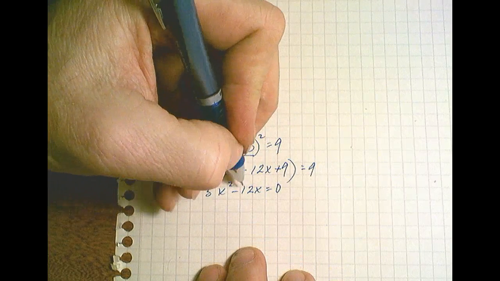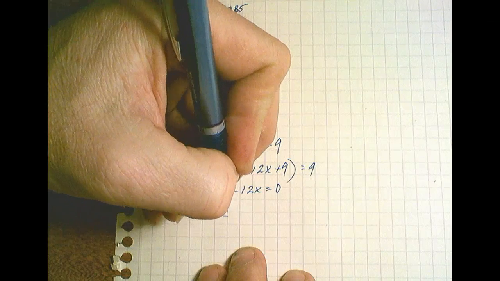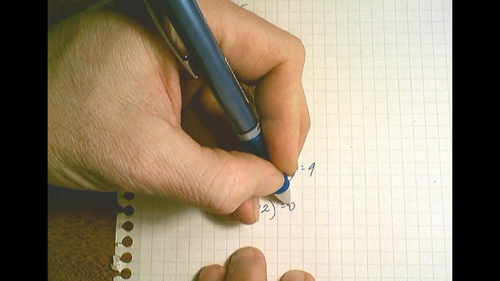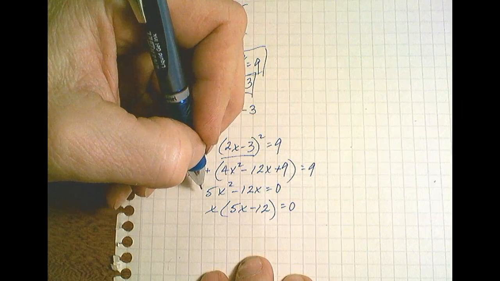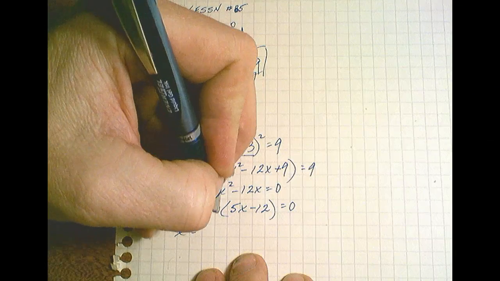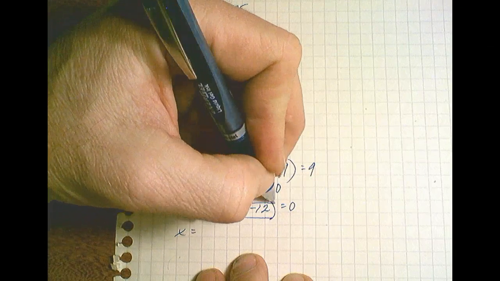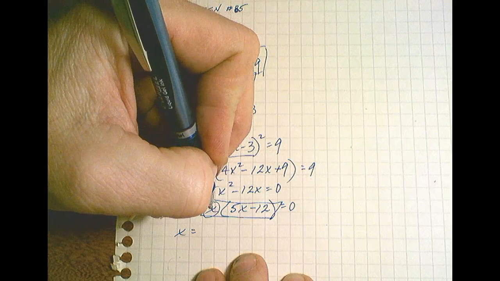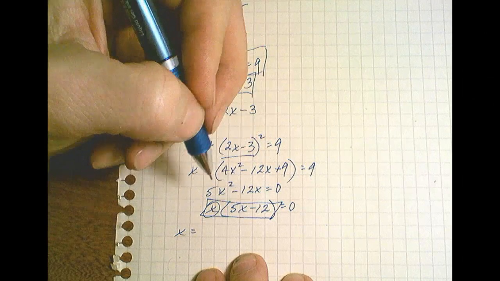And then we factor out an x. And now we have two values of x. X is going to equal, what's going to make it 0 when I multiply this whole thing together? Well, if x is 0, 0 times whatever this is going to give me 0.